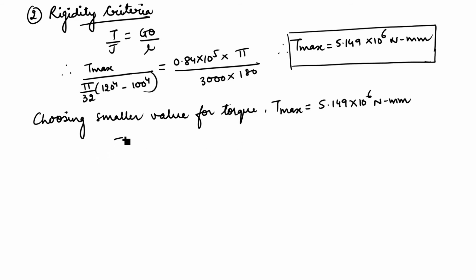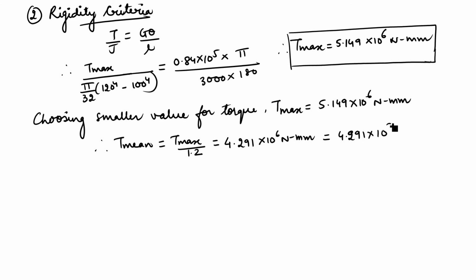Now Tmax is known, so I can calculate T mean, which will be Tmax upon 1.2. The value will be 4.291 into 10 raised to 6 Newton mm, which will be 4.291 into 10 raised to 3 Newton meter.